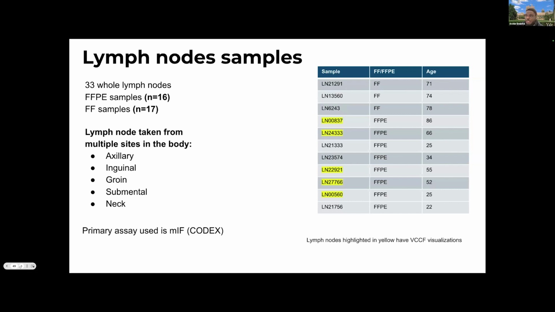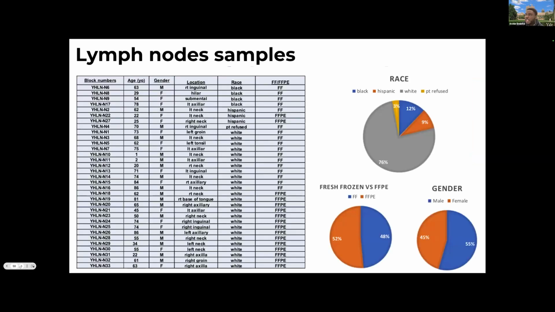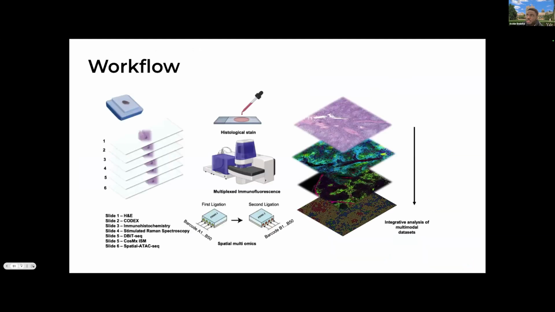So these are biopsies that were tested and found to be benign. So these are non-reactive lymph nodes. And they cover approximately equal representation for both genders. And most of our patients are primarily white patients.